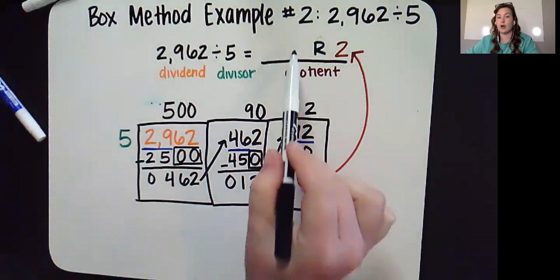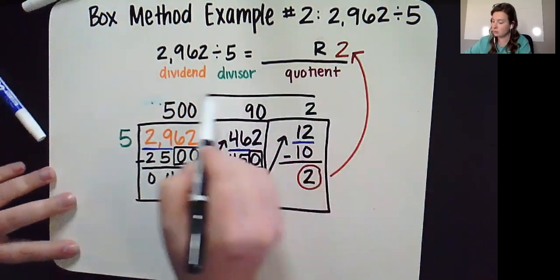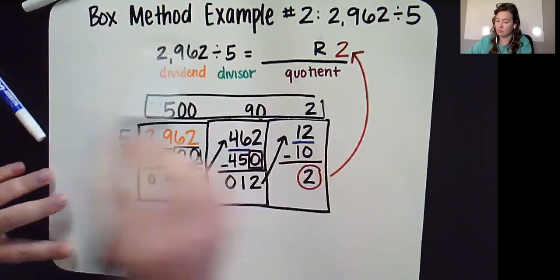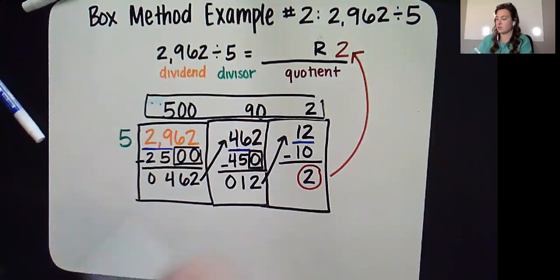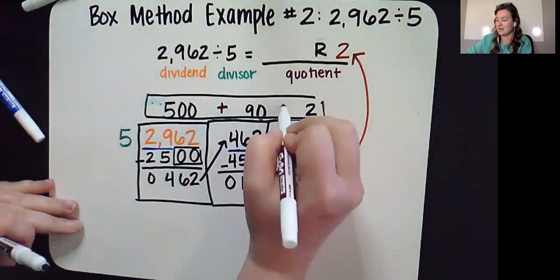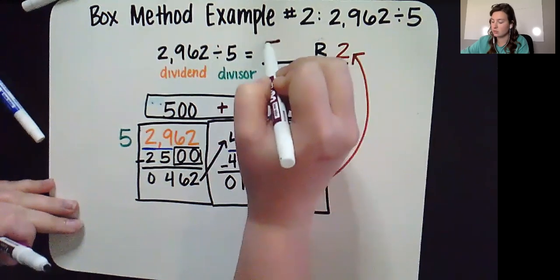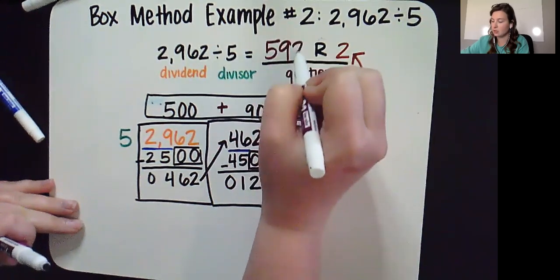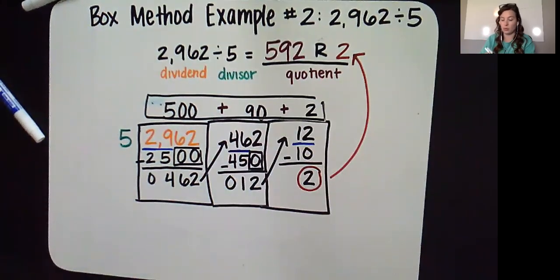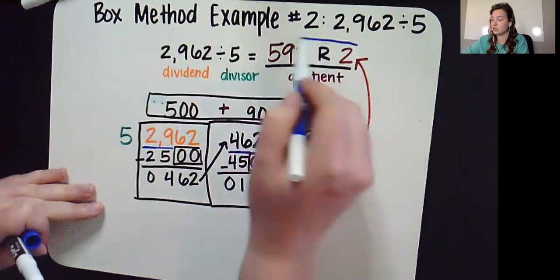Now, the front part of my quotient, I'm gonna add up these. So I'm gonna do 500 plus 90 plus 2. So 592.